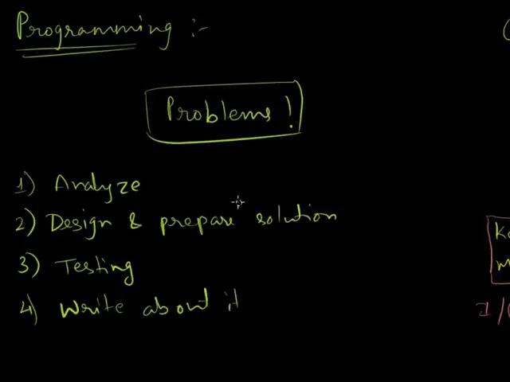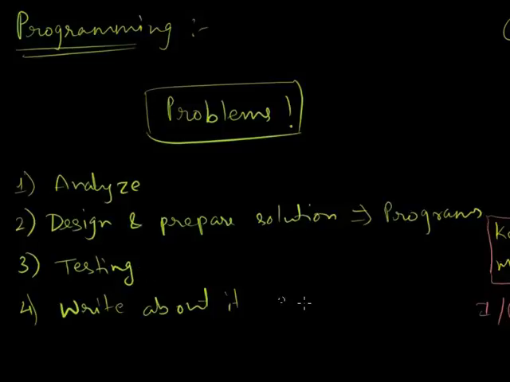But this process is also applied in computer science. Any problem you have to solve using a computer, using programming, what you do is analyze the problem, you design and prepare the solution which is in the form of programs. And after that you test it. The testing phase comes under that, and after testing, you write about it.